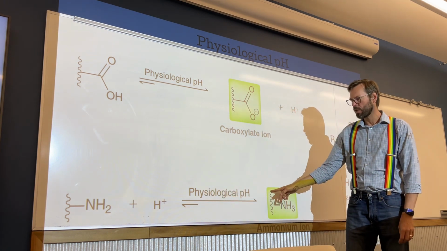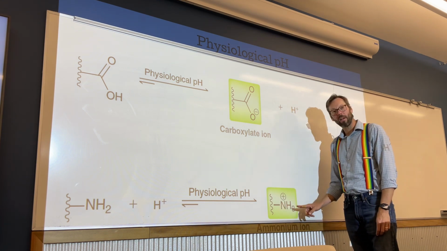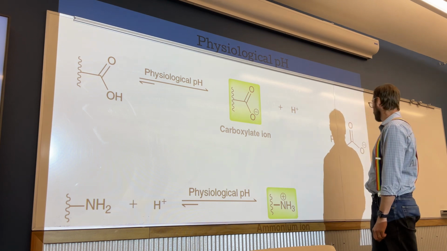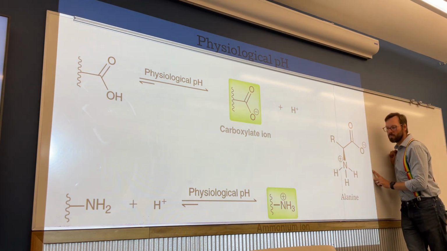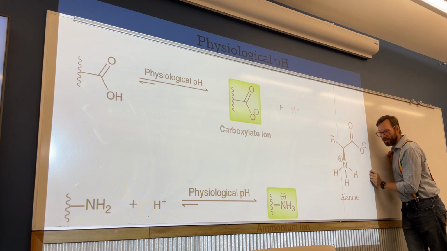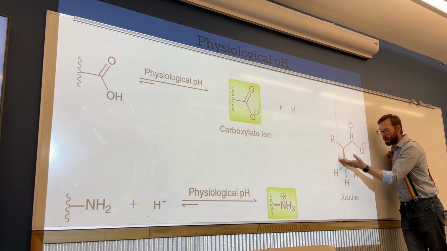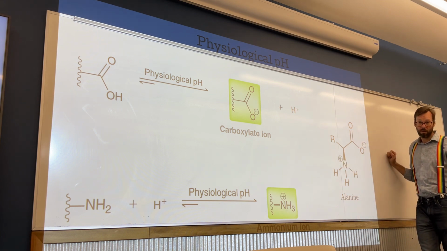Physiological pH is going to tack on the amine group. And so, for instance, this alanine, you end up having a scenario where you lose the proton off of the hydroxyl group, and you gain a proton on the amine group. So you have a positive and negative charge. Overall, it's going to be neutral.